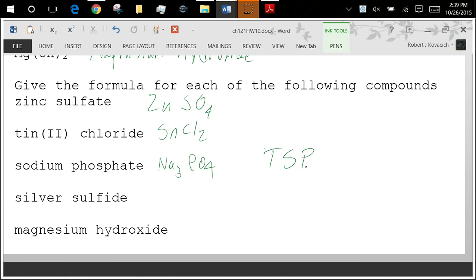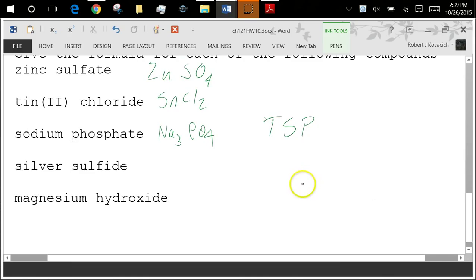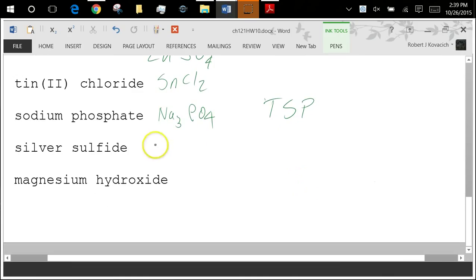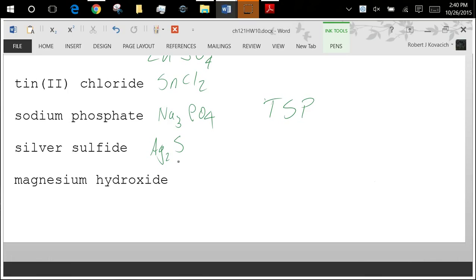Next one. Ag2S. Are we okay with that? Somebody have something different than Ag2S?